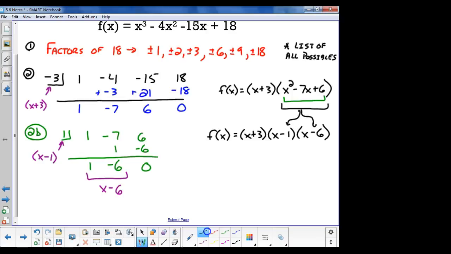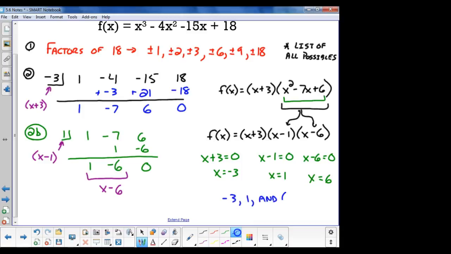Okay, with me? And then now we got x plus 3 equals 0, so x equals negative 3. We got x minus 1 equals 0, so we get x equals 1. And we get x minus 6 equals 0, so x equals 6. So my zeros are negative 3, positive 1, and positive 6.